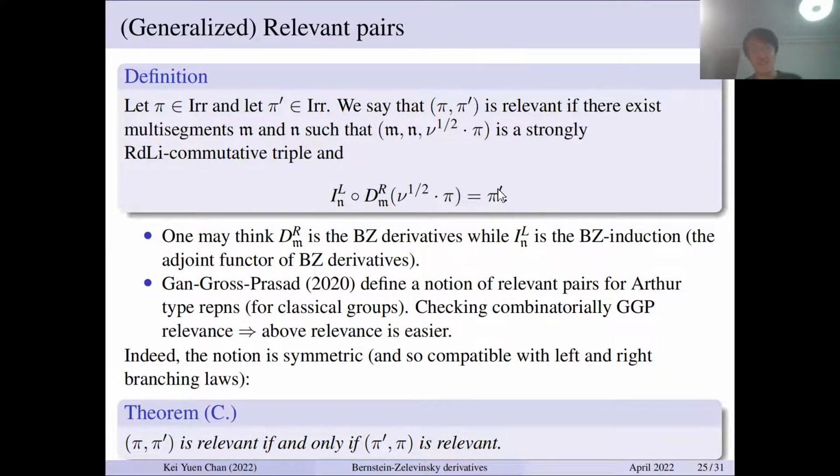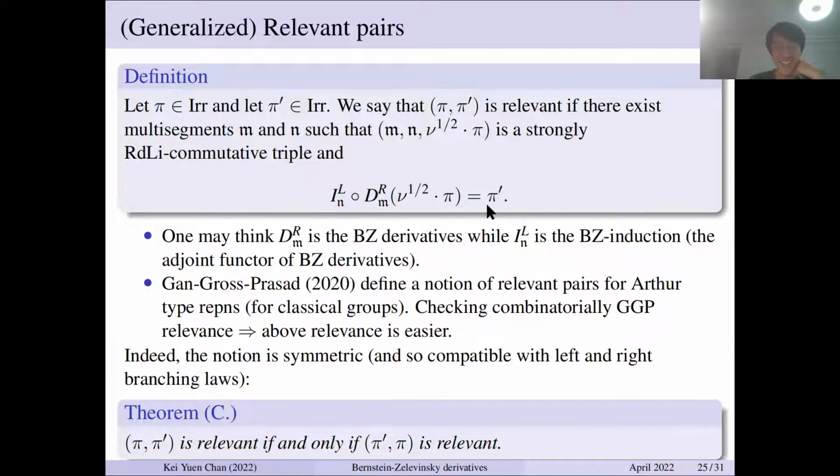If you are familiar with the Bernstein-Zelevinsky filtration, you may think that the derivative is doing the right derivative, and then you do induction. Of course it is still right, but because of the quotient submodule business, you have to do it on the left here. This is basically checking the information of the Bernstein-Zelevinsky layer.